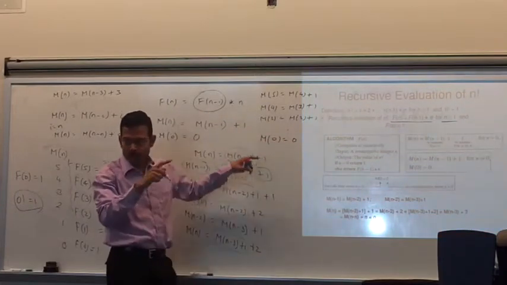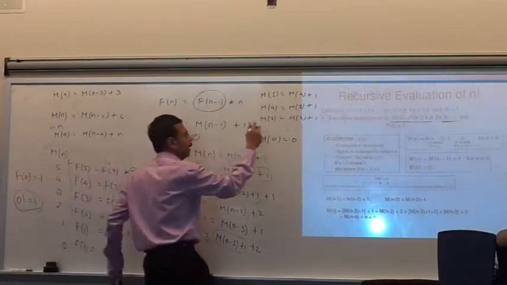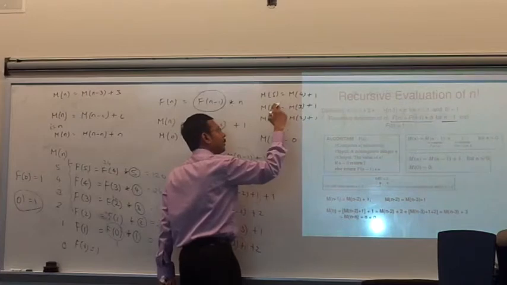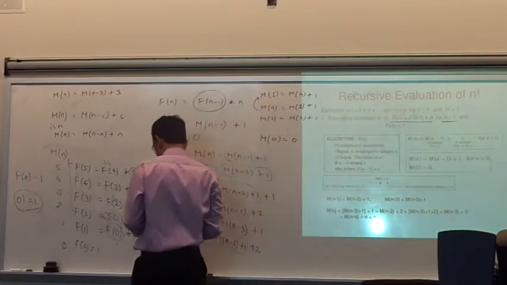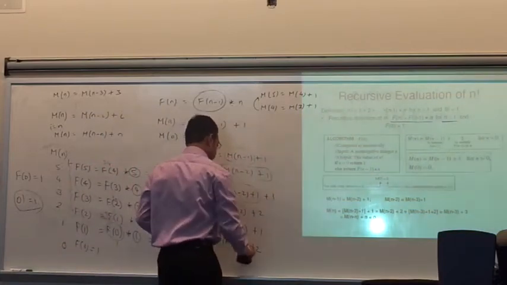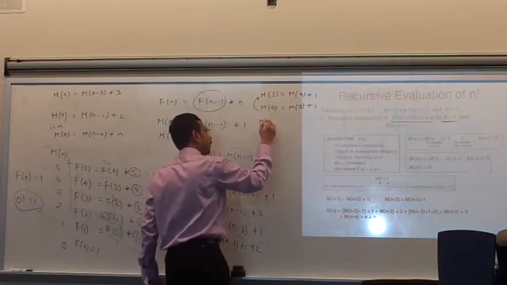So then you back substitute, and that's what I'm doing. Okay, why? Because you see, M of 4 is M of 3 plus 1, but if you substitute that back in this, what will you get? If you want to work out this example, you could do that. If you substitute M of 4 back into this, what will you get for M of 5?